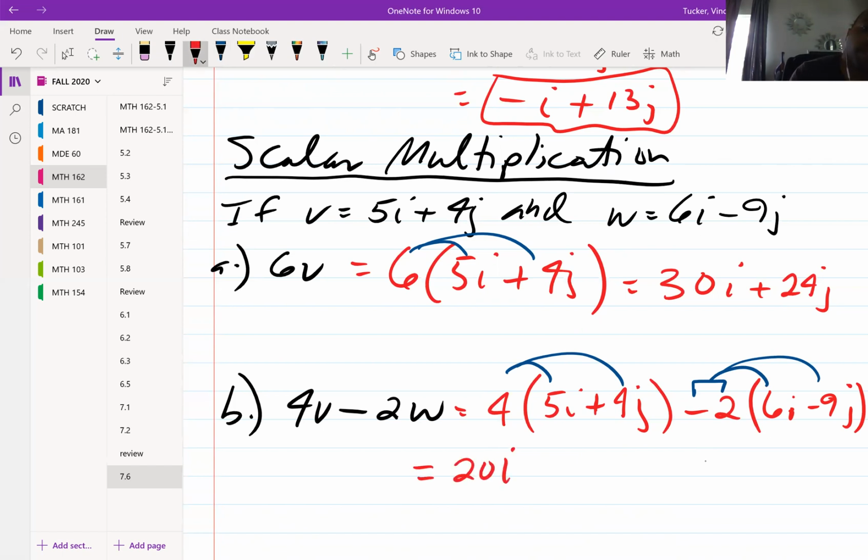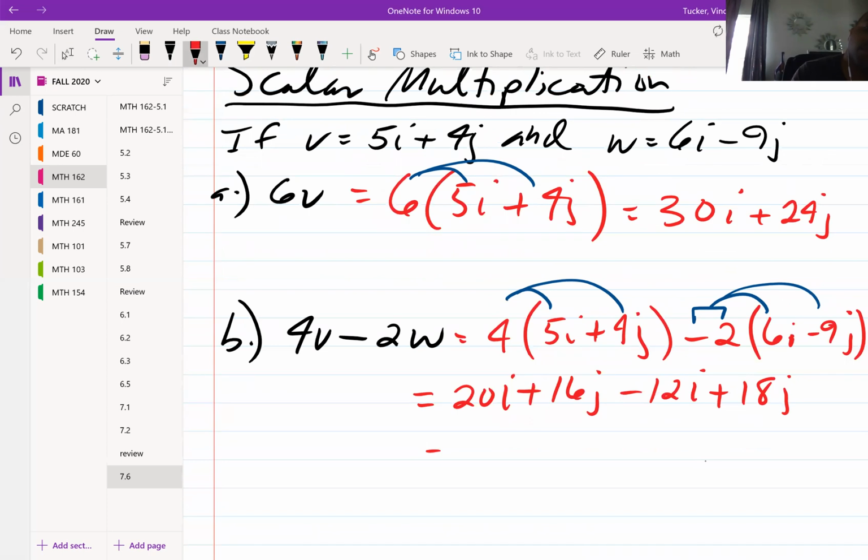So that's 20i plus 16j minus 12i plus 18j. So 20 minus 12 is 8i. And then 16 plus 18 should be 34j.